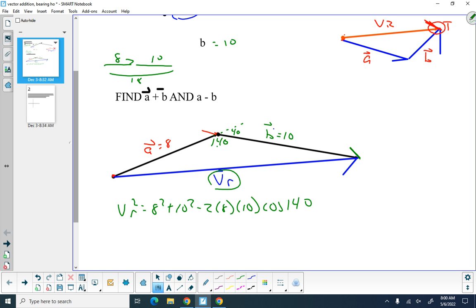Mind you, when you set up your law of cosines, that gives us VR squared. So you'll have to take the square root of that to be able to find VR.